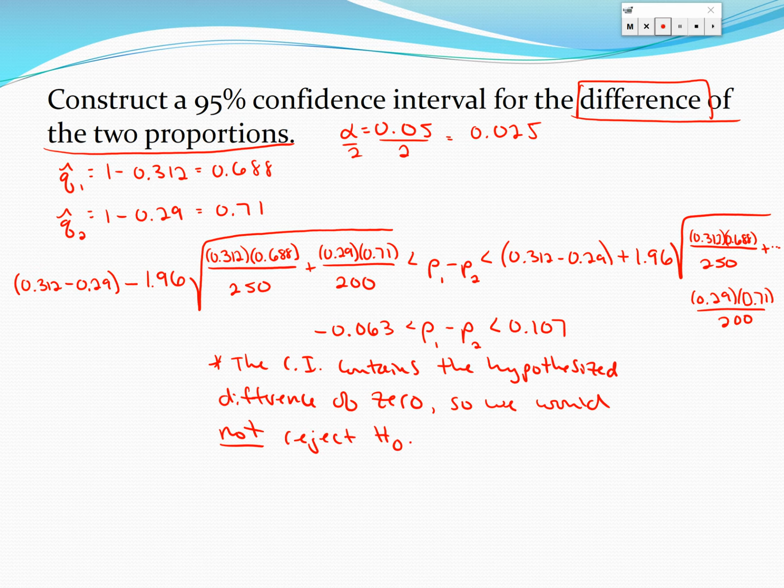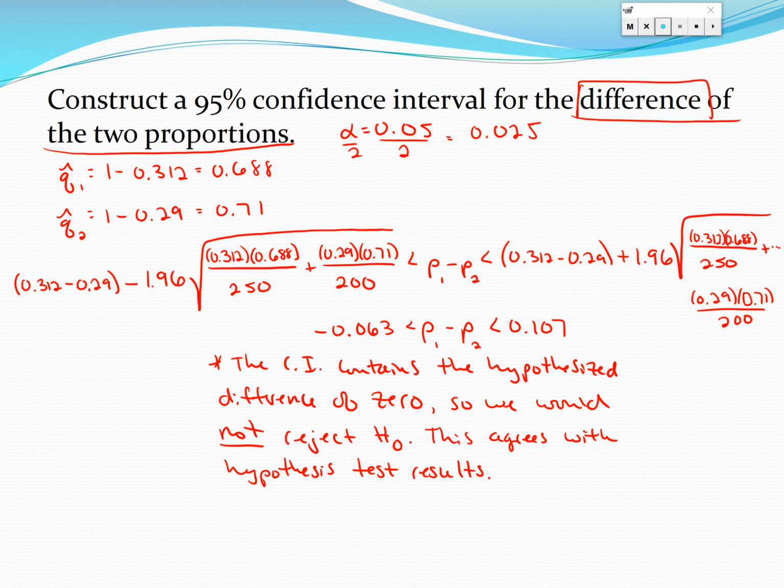If our confidence interval contains the difference that we're hypothesizing, we're not going to reject it, we're going to keep it. So then we can also say something to the effect of this agrees with the hypothesis test results, or something along those lines.